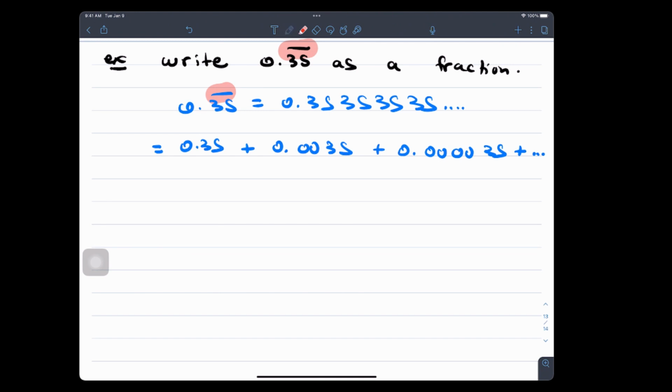So write this as a fraction now. What's 0.35? Isn't that going to be what? 35 over 100? And what's this? 35 over 100 squared. 35 over 100 cubed, by the way. Okay, and that pattern is going to repeat forever.